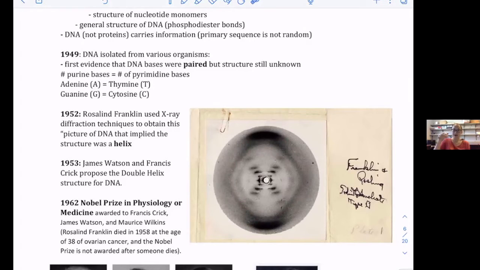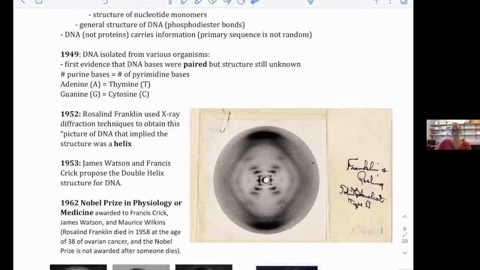They took that X-ray and magnified it and got this diffraction pattern. So Rosalind Franklin was the first person to suggest that DNA was a helical shape.